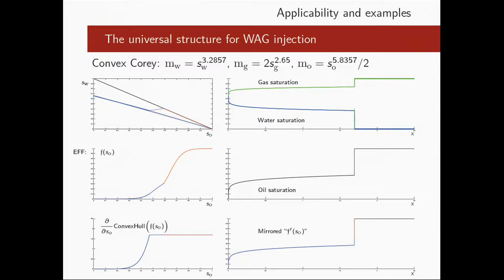This is what we call the universal structure for wave solutions. Here I have the saturation of oil, this is the saturation of water, this is pure water, pure oil, and this is pure gas. Our left state is in the gas-water side, and our right state is pure oil.